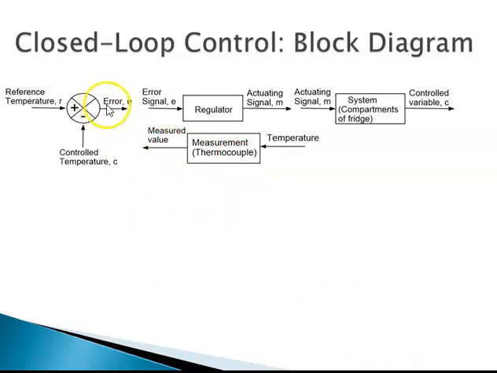We can see that the same error is flowing through, so we may connect both these blocks together as shown here. Similarly, the same signal is flowing through in the same direction, so we join the block at the actuating signal. Similarly, the controlled variable is the temperature. The temperature is flowing back, so we may join it to form a complete block diagram of the closed loop system. You can see that the control action is flowing through in a loop.